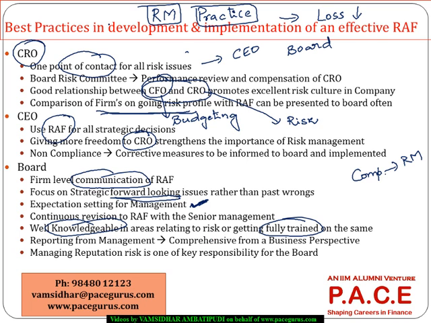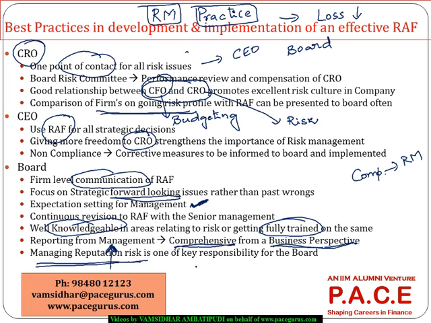And whatever reporting comes from the management with respect to the risk practices should be more and more comprehensive and not just at a very high level. It should be detailed from an overall business perspective. What are the kinds of impacts of various risks that are affecting the business, and even management of reputation risk.